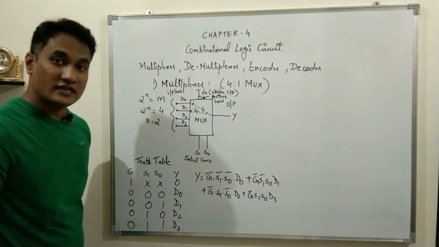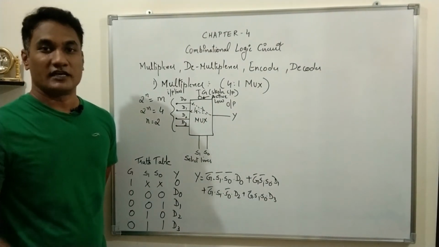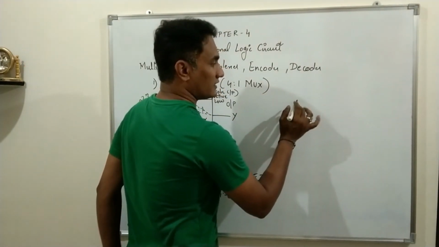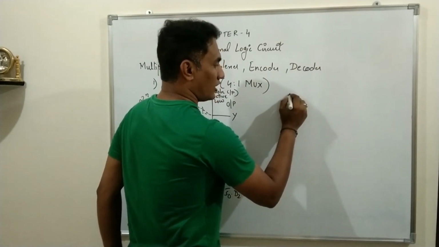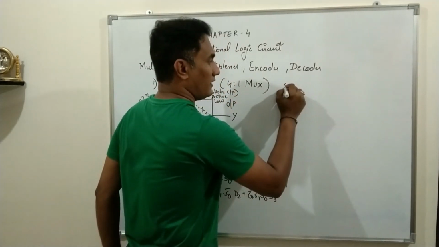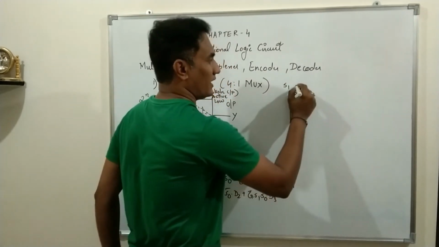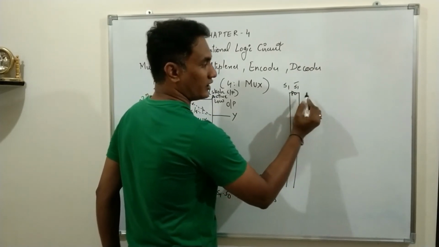So this is the interpretation of the multiplexer's definition, block diagram, truth table, and from the truth table we have written the equation. The last step is to draw the logic circuit so that we can understand the operation of the multiplexer. For drawing the logic circuit for the multiplexer, see what has to be done. First you draw S1, then a NOT gate, S1 bar. If a NOT gate is connected, this will be a complement.